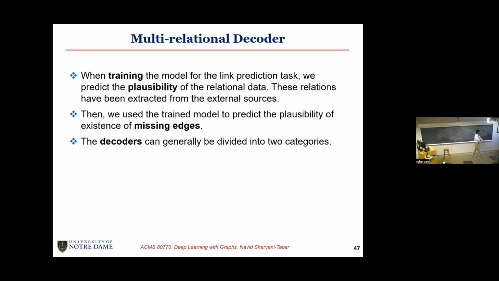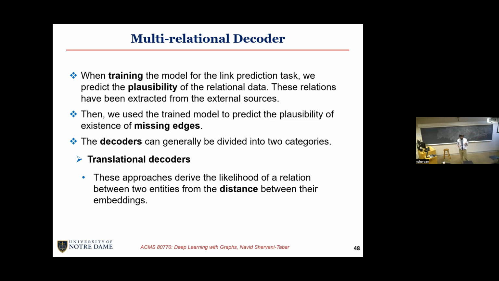So for that, in our encoder-decoder approach, we need to use some type of decoder. And there are, in general, two types of decoders that we can use. The first type is translational models, in which we are assessing the distance between two entities using some measure of distance between their embeddings.